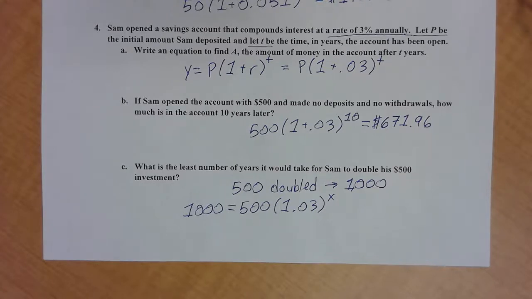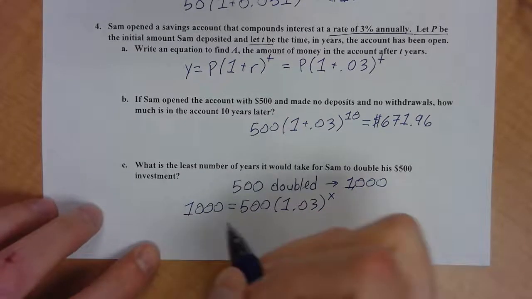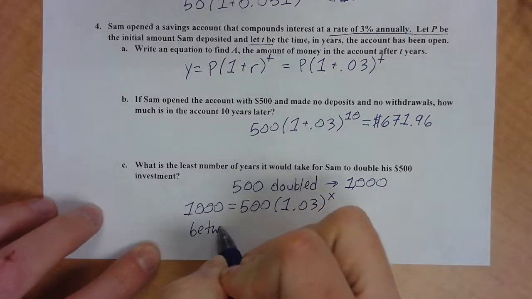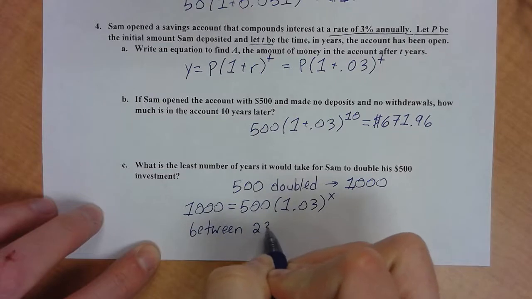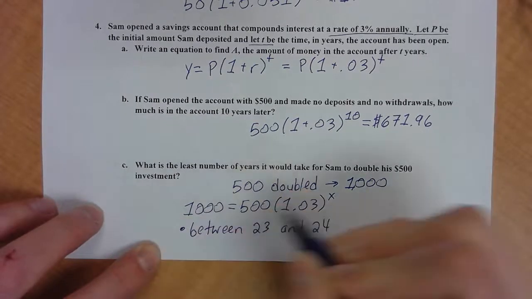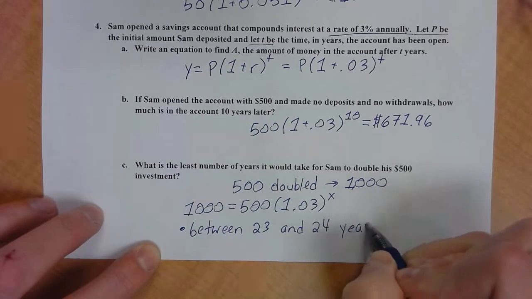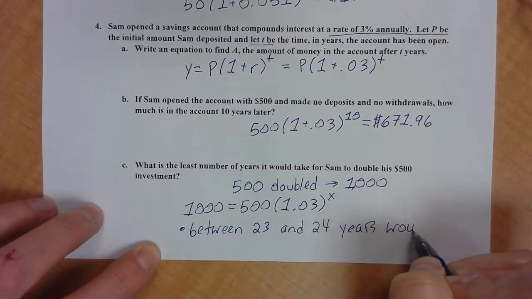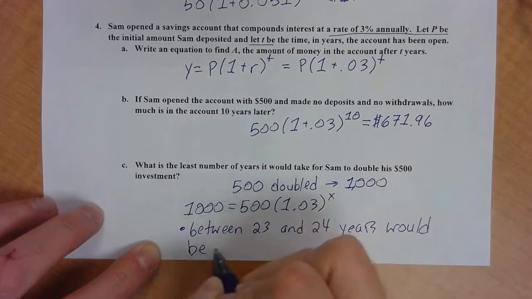But it turns out that if you keep trying some x values, you would find that between 23 and 24 years would be enough.